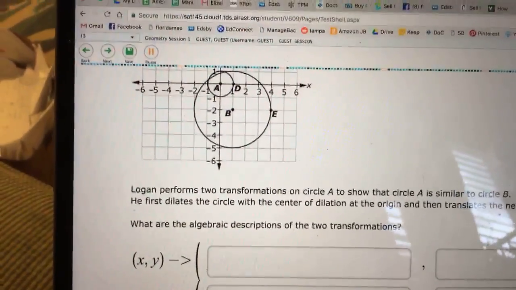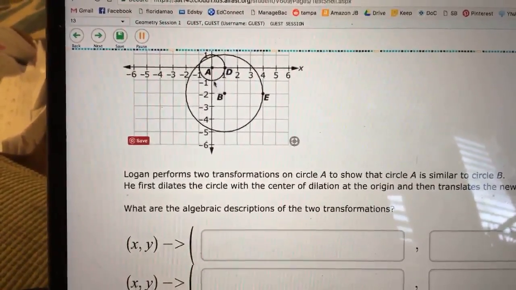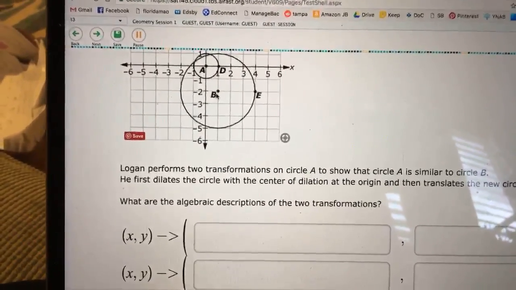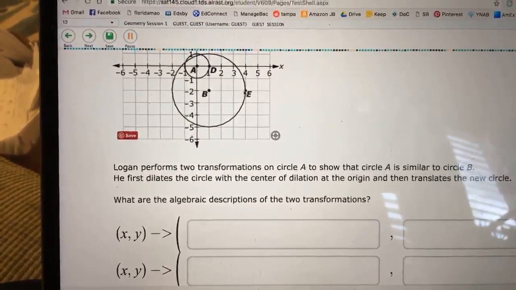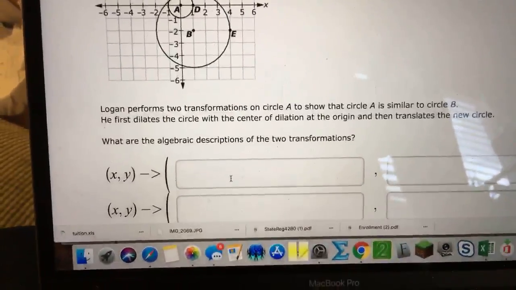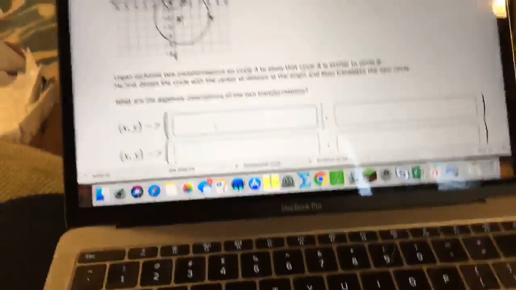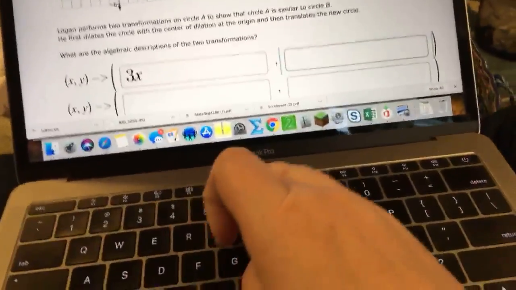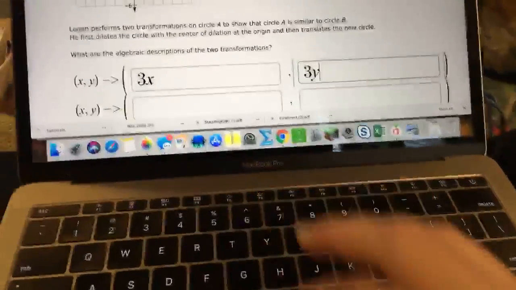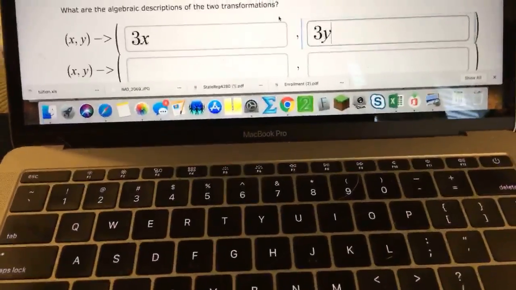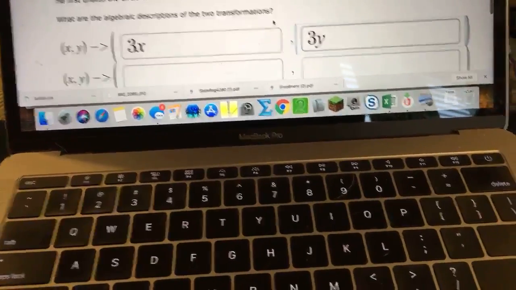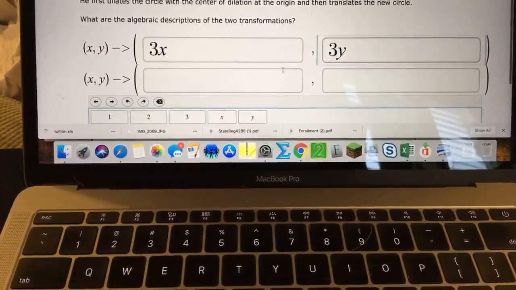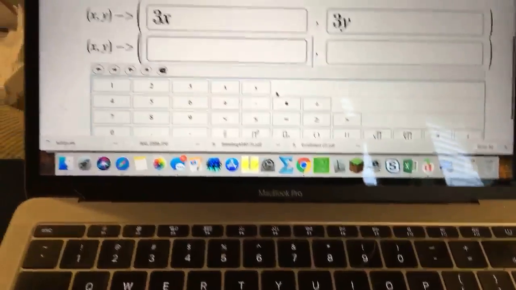we've got our circle A, our circle with center A has a radius of 1. Our circle with center B has a radius of 3. 1, 2, 3. So the first dilation is going to have to be 3x and 3y, because we need to multiply every point by 3 to get the circle to have a new radius of 3. Okay?